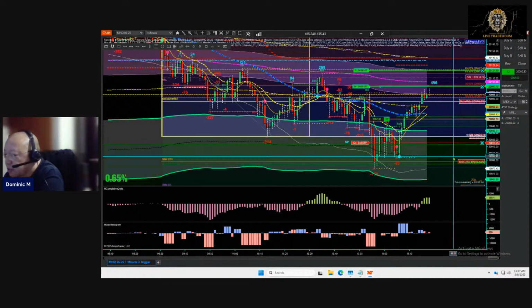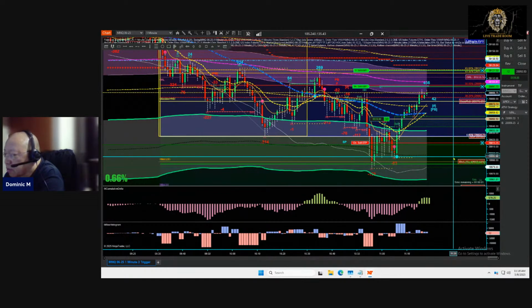Let's see if it finishes higher than the prior candle. 20 seconds left. You may do one more push. Seven, six, five, four, three, two, one. Okay, so it's higher than prior candle, but not that much momentum.